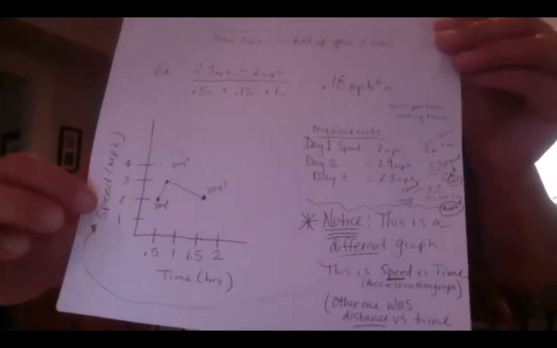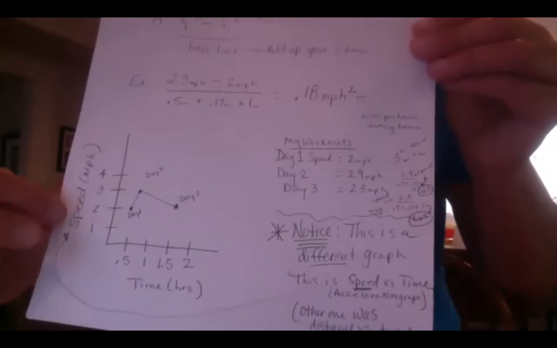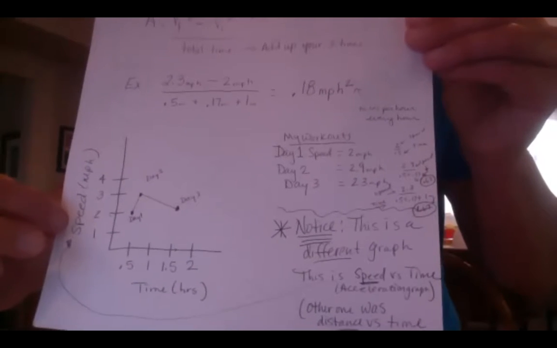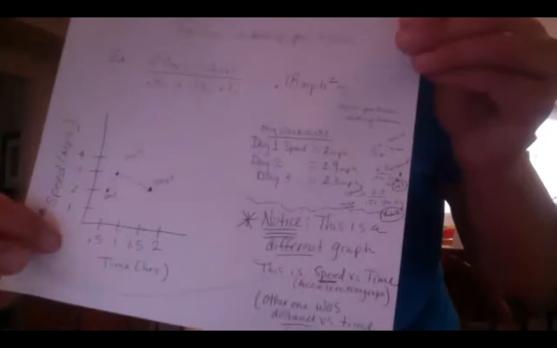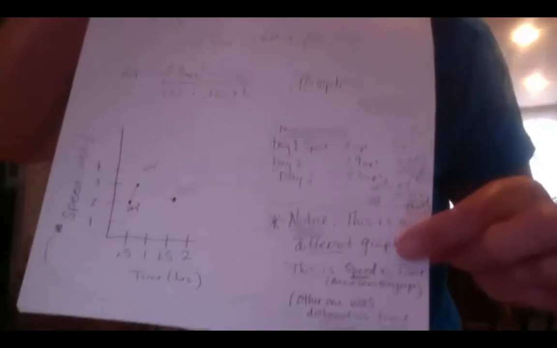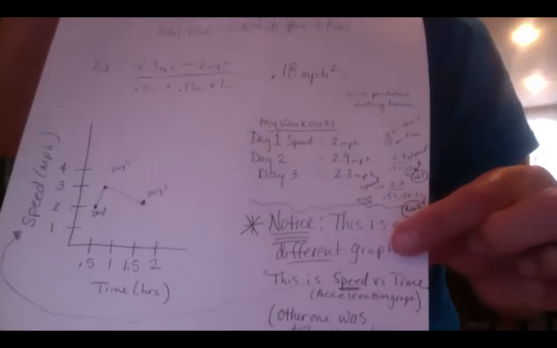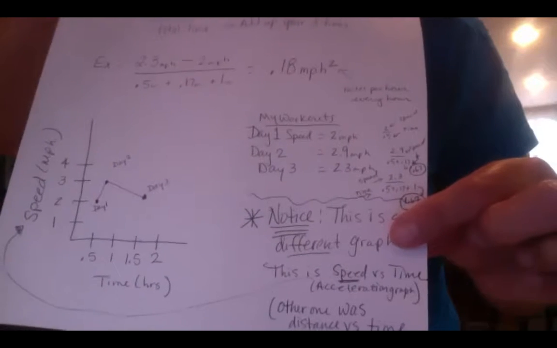Notice that your acceleration graph is not distance and time. It is speed and time. And I made sure that you noticed that. Notice this is a different graph. So on this graph, the slope of the line on a speed versus time graph is acceleration.